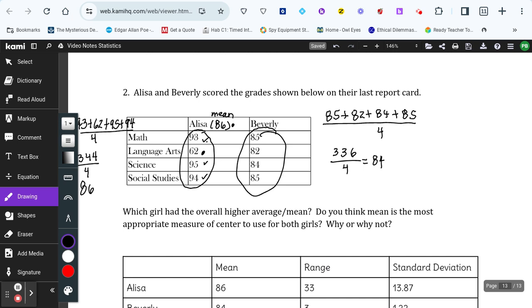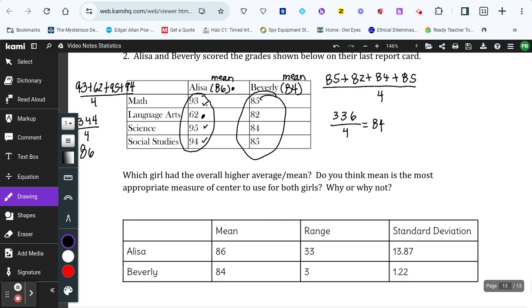So all her numbers are closely centered around the number 84. This is saying all of Alyssa's are centered around 86, but you can see they're mostly A's, okay?